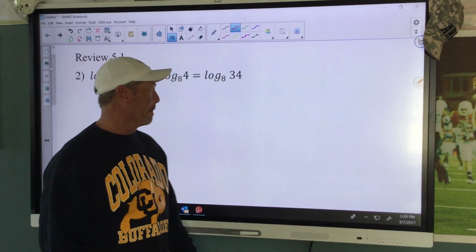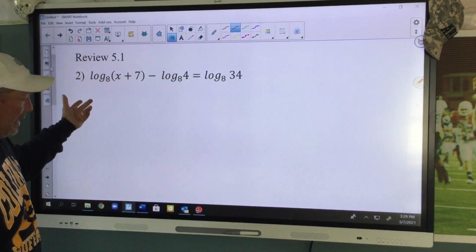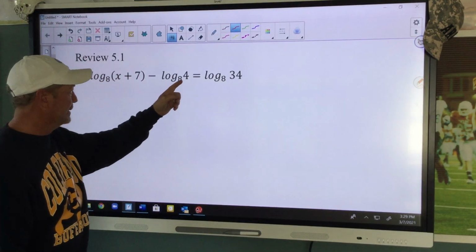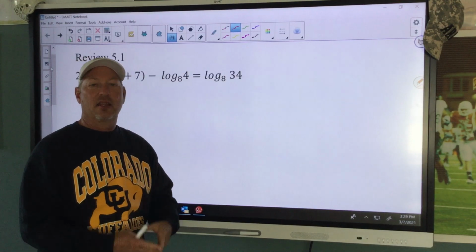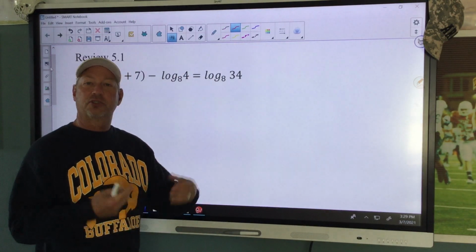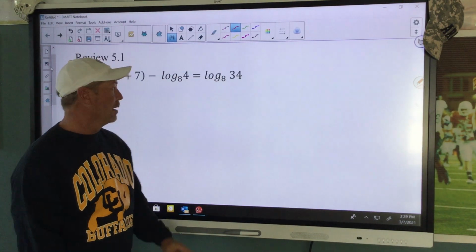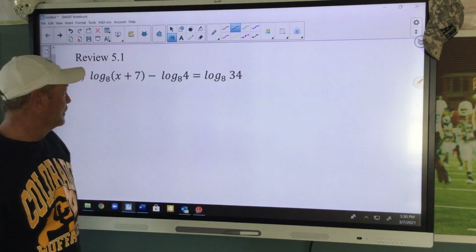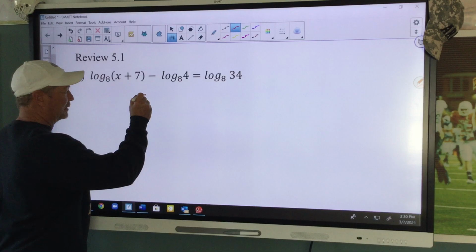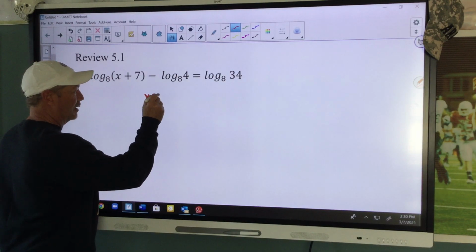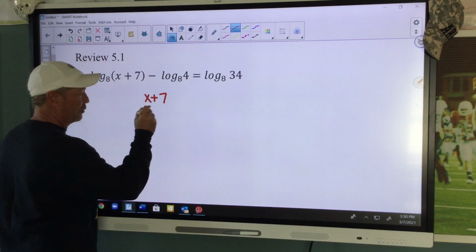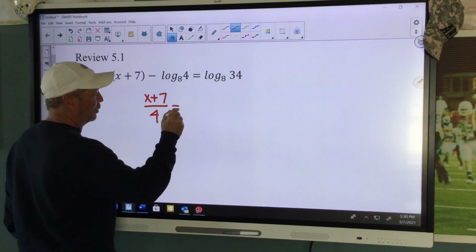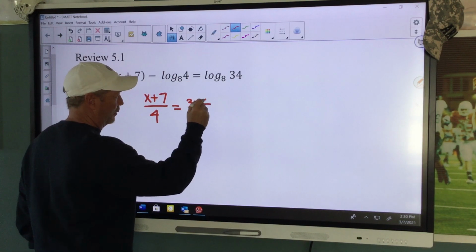started, okay? First problem, they're going to ask you to solve the equation log base 8, log base 8, log base 8. They all have the same log, so it's just going to drop out of the equation, but we are going to ask you to use your condensing properties. So we would say x plus 7, this minus sign, we're going to treat that as divide, equals 34.